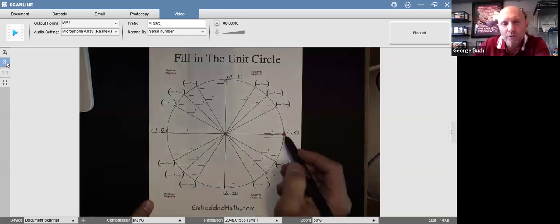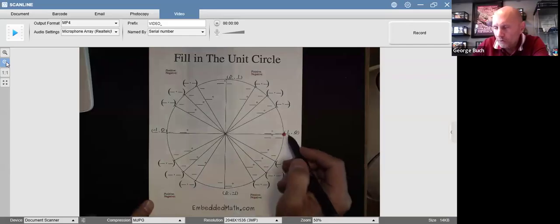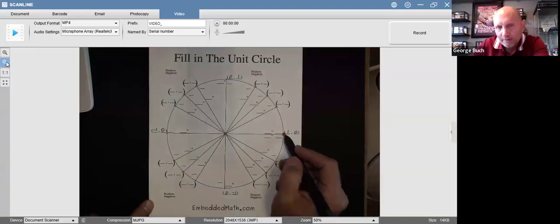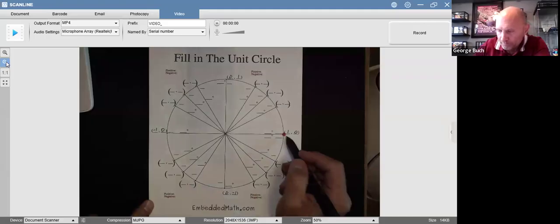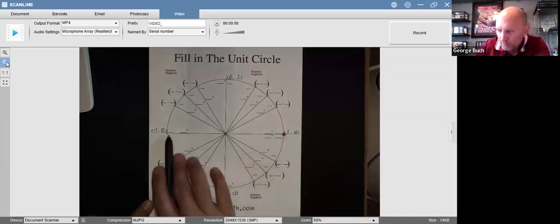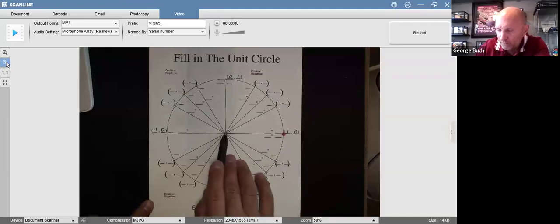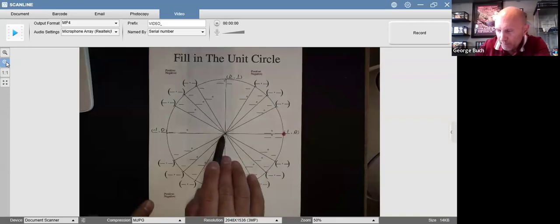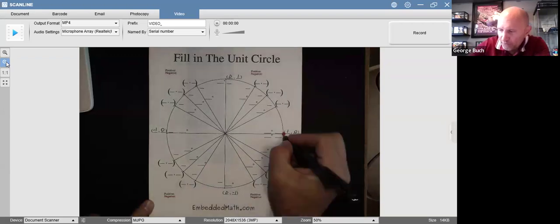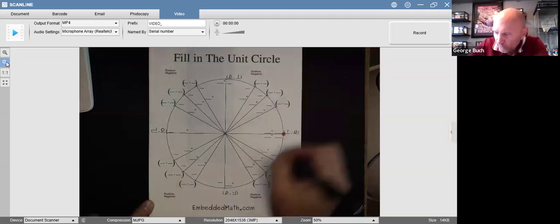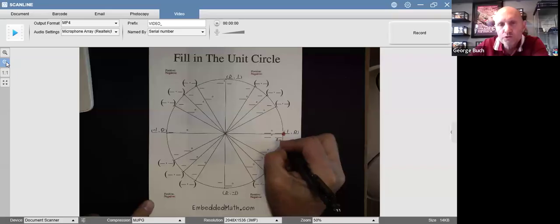Well, that takes us back to our geometry days. Circumference of a circle is what? It's diameter times pi. So if each of these is 1 unit away from the origin, the diameter is a distance of 2. So 2 times pi means if I started here and went all the way around the circle, I went a distance of 2 pi.